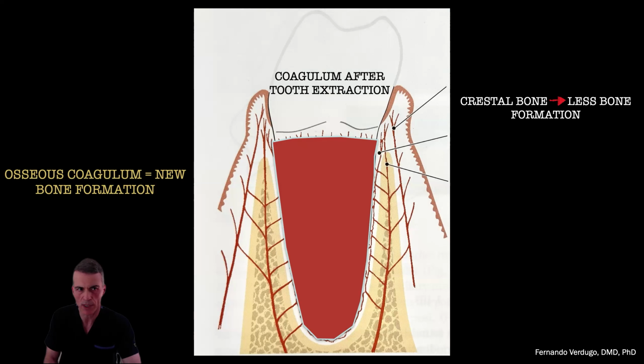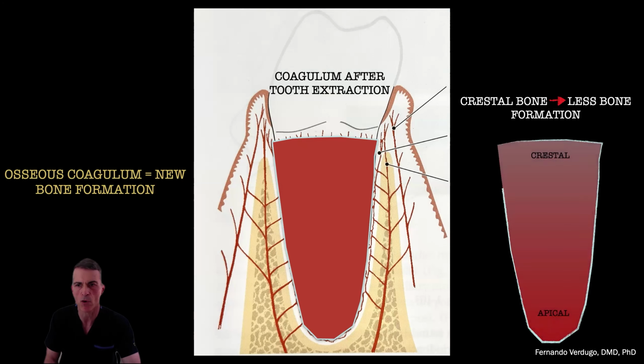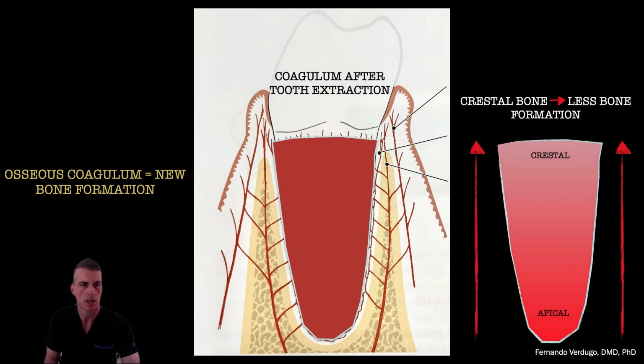When a tooth is extracted, a coagulum is formed, and there is going to be an apico-coronal new bone formation, meaning that the strongest bone fill occurs at the apex of that socket. And as we move towards the crest, there is less potential for new bone formation.